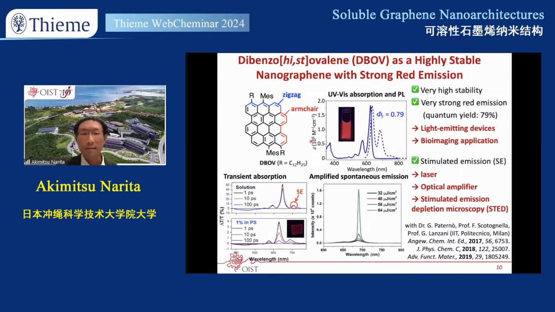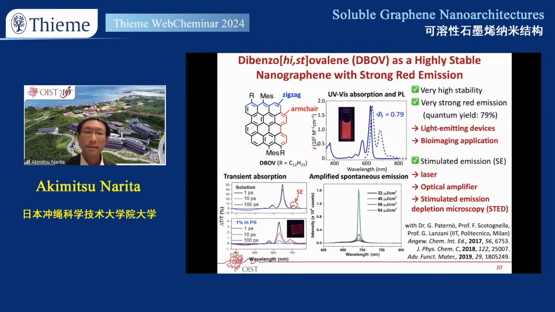Working together with Professor Giuseppe Pettinari and Professor Scotognella, together with Professor Lanzani, this shows stimulated emission by transient absorption. So it's a very emissive, red-emissive nanographene with sharp absorption and emission with high quantum yield. And we can also demonstrate amplified spontaneous emission and lasing.